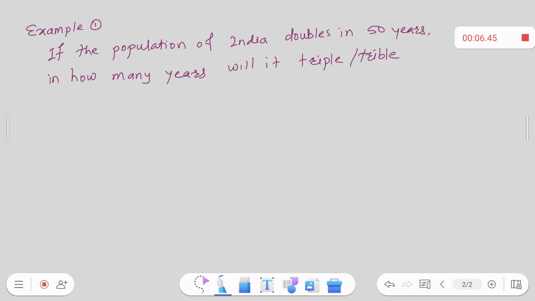Under the assumption that the rate of population growth is proportional to the number of inhabitants.